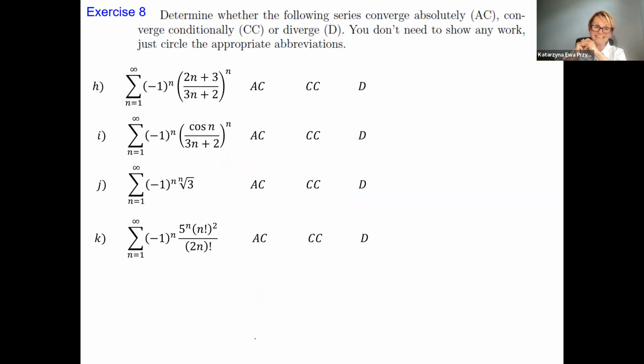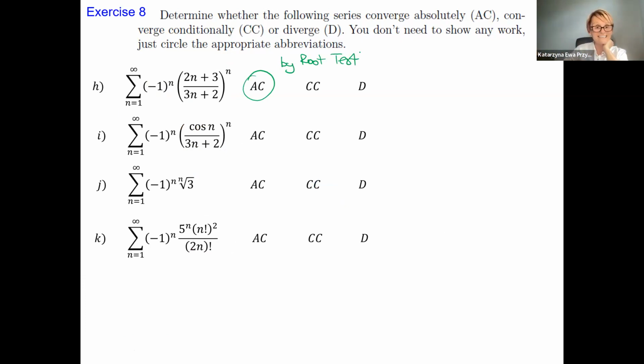And what will be the limit when we take the nth root? This will be gone for the nth root. The limit will be 2/3. Thank you. Less than 1, absolute convergence. What color? Green. I use green color. And you can try by the root test.